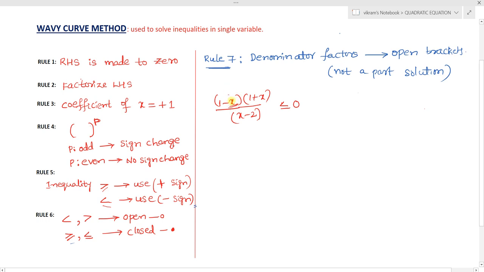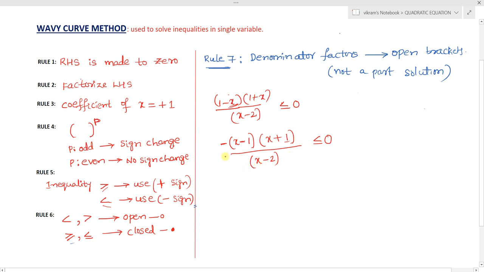We need to make this +1, so take minus common and write this as x minus 1. In 1 plus x, the coefficient of x is 1 only. So we get (x minus 1)(x plus 1) by (x minus 2) less than or equal to 0.